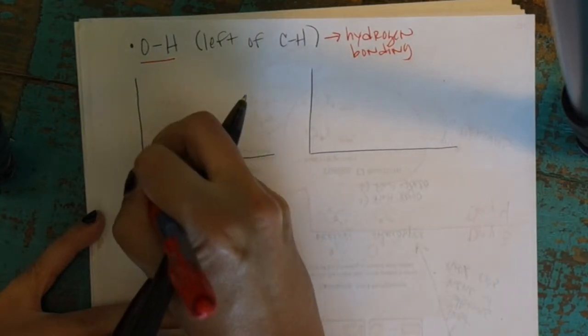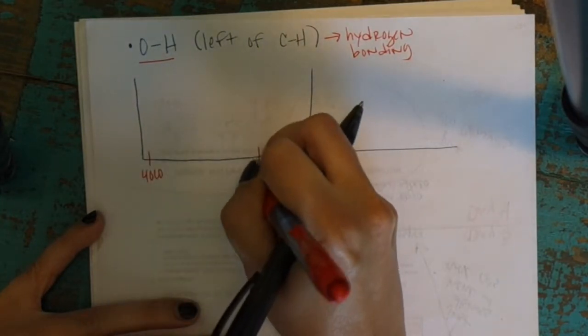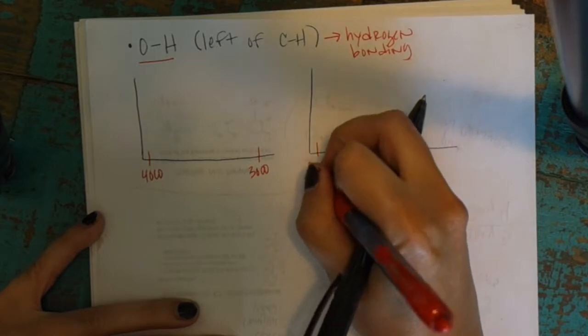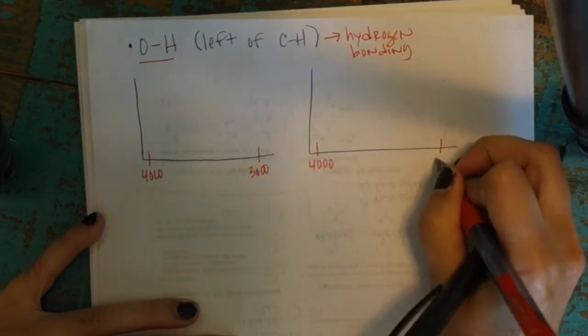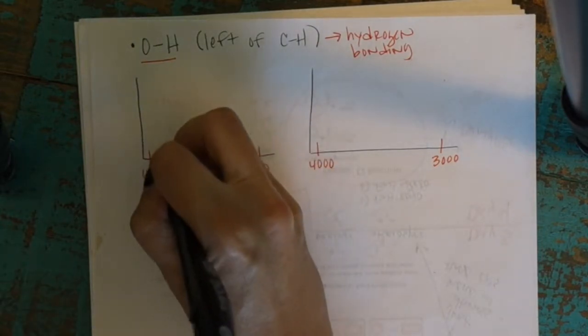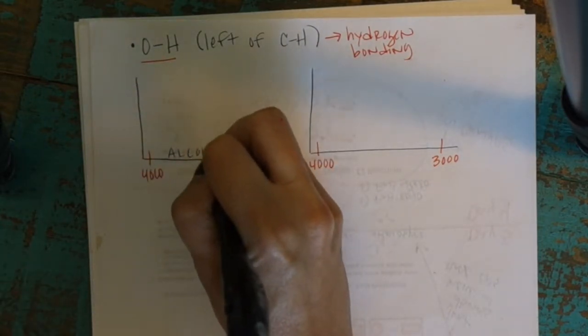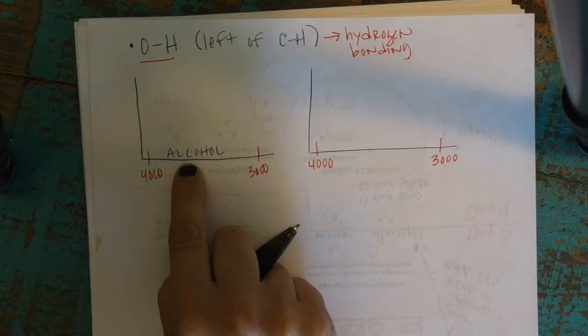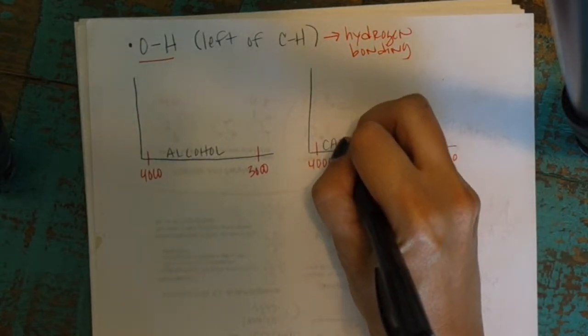And it also shows up in this distinctive region where nothing else is really showing up. So this is a very important region of the IR to look at when you're trying to figure out your functional groups. The two main functional groups that you'll see with OHs are, of course, alcohols and then carboxylic acids.